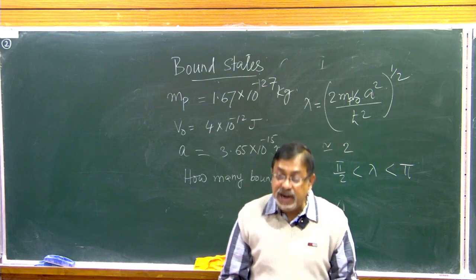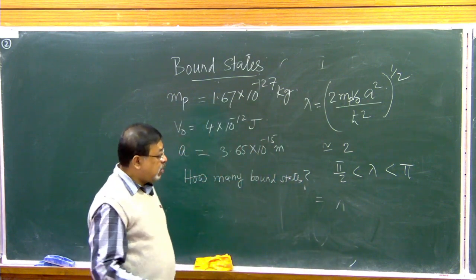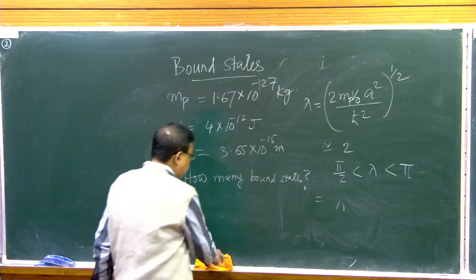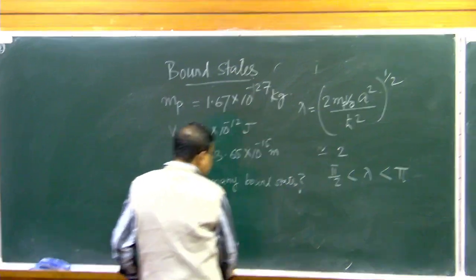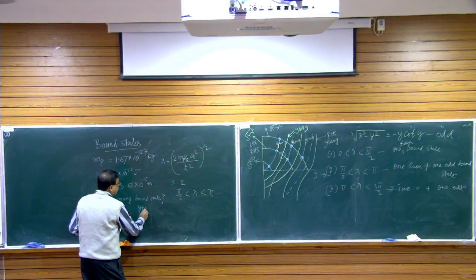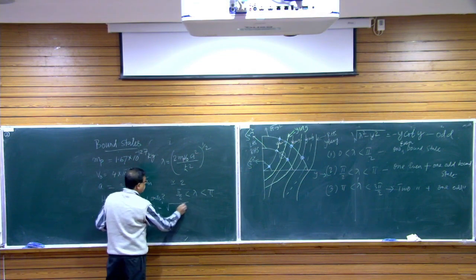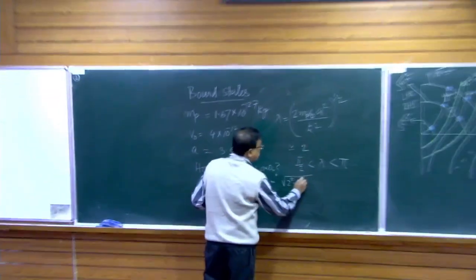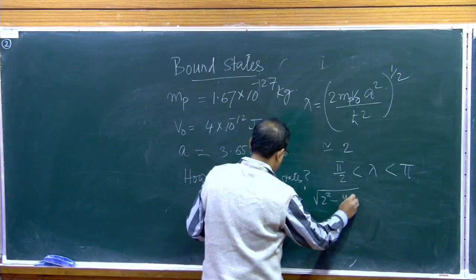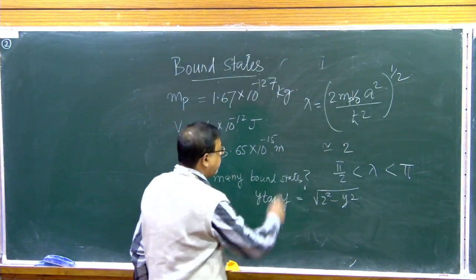And if you want to find out what the bound state energies are, which is what is important, that can be found out if you simply write down this y tan y. This is for the even bound state, which is equal to root over 2 square minus y square, where 2 is because lambda is 2, as we have just found out.